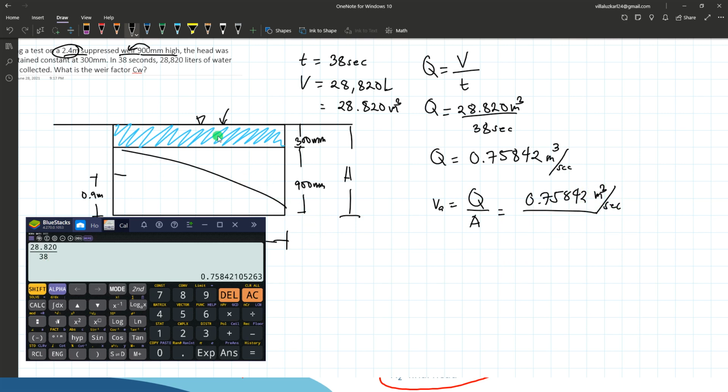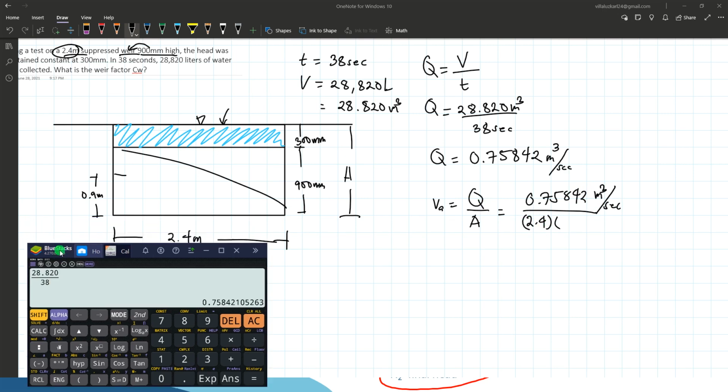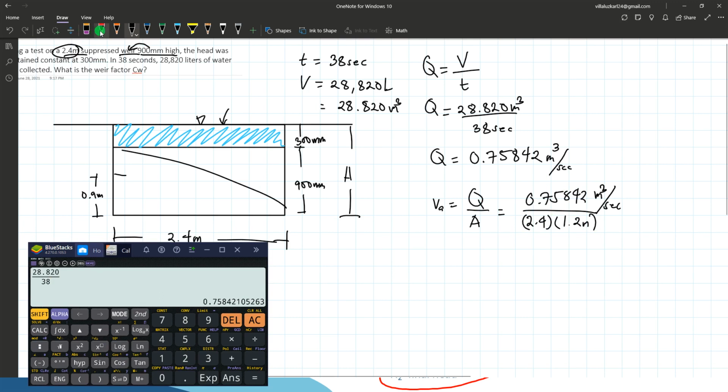So this cross-sectional area is just the opening in the channel, which is 2.4, that's the width, and the height of total of 1.2. So for the velocity of approach, the area that we are going to use here should be the total area of the whole channel.